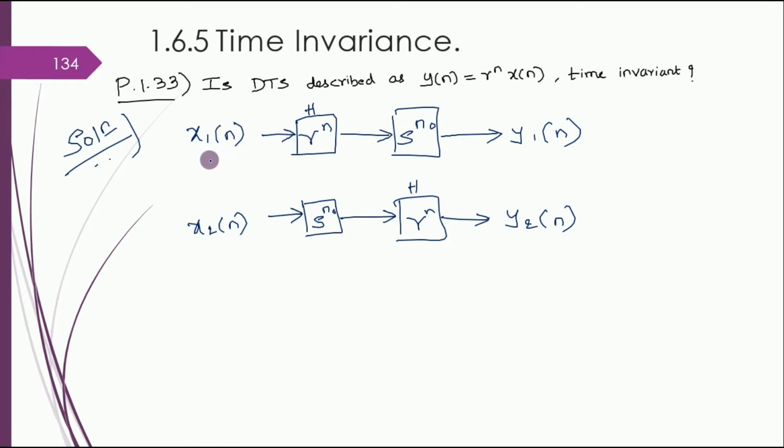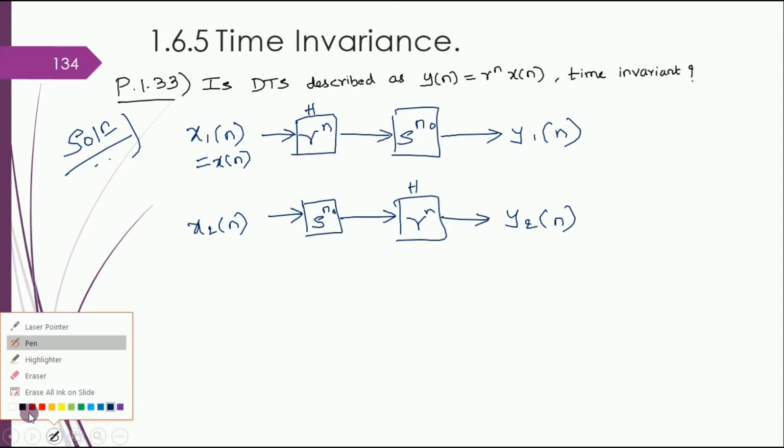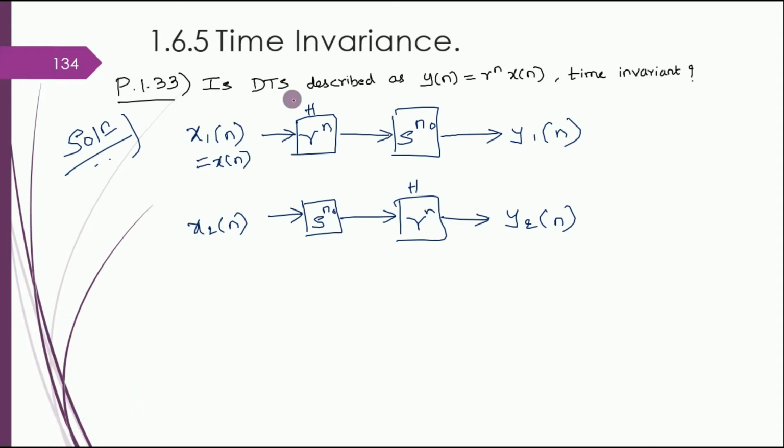So what happens here? If I supply x of n as an input, what output do we get out of this? r raised to n x of n we get. And after that, if we try to shift, what happens? Shifting happens wherever n is there.